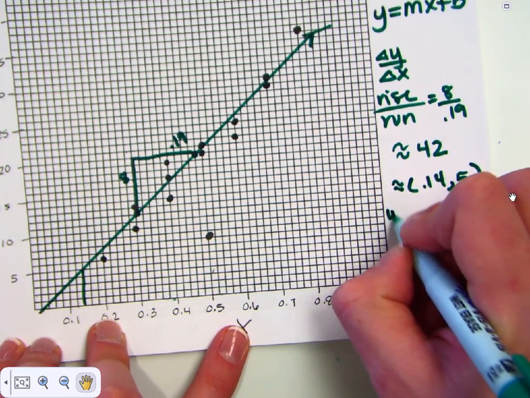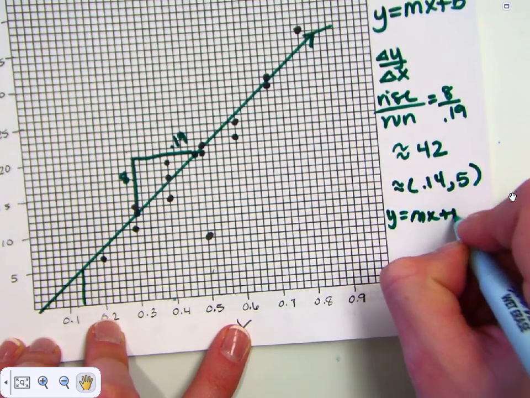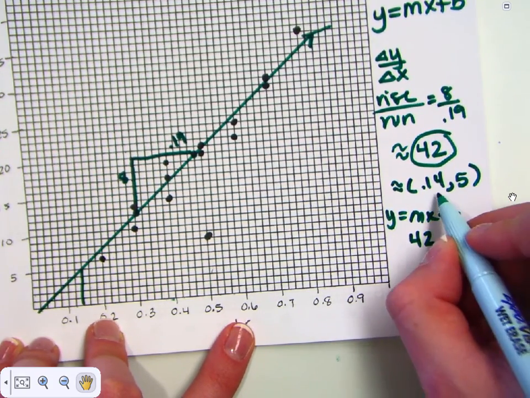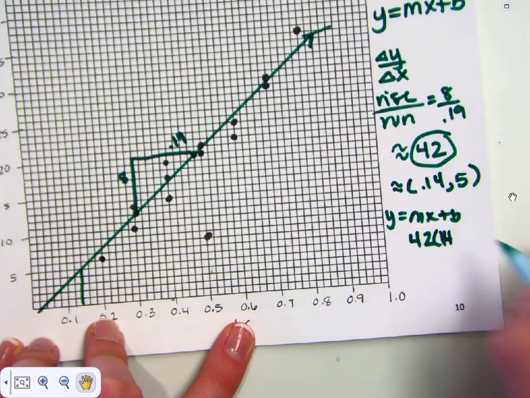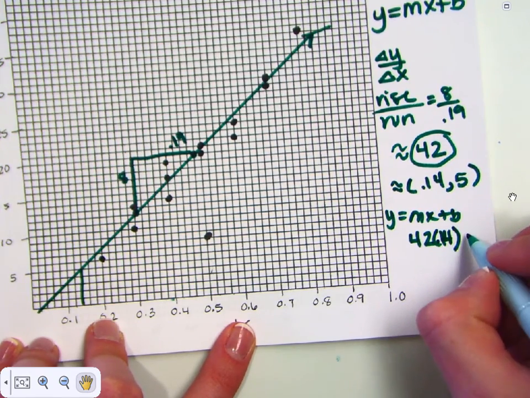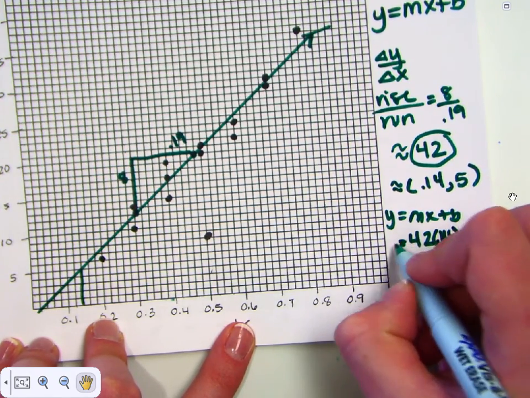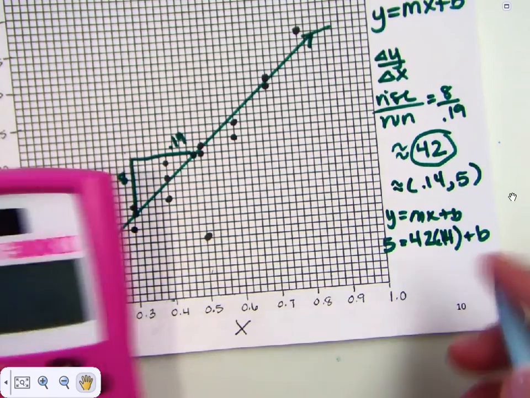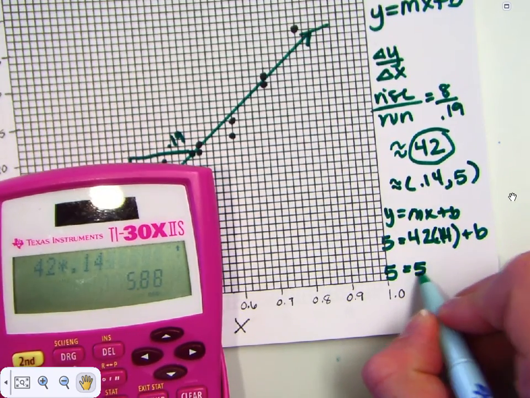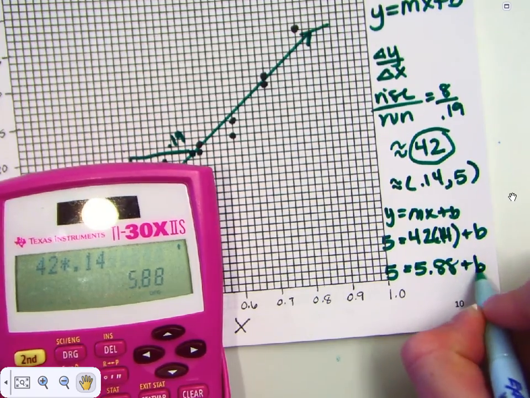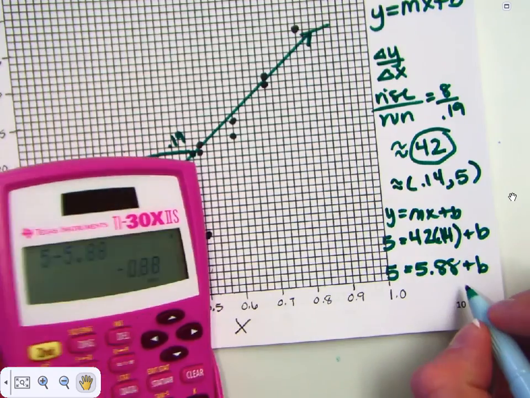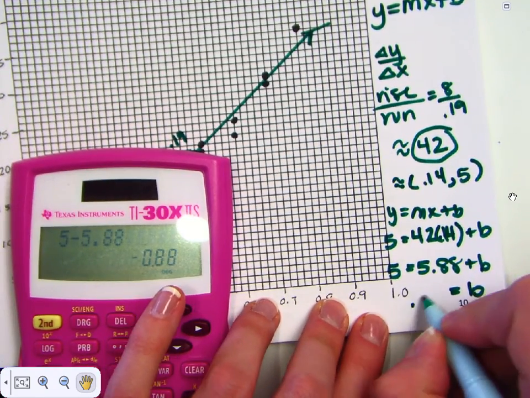So I do y equals mx plus b. I can use my slope, 42, and my x is 0.14, and I'm trying to find my y-intercept. I can do some simple algebra. 42 times 0.14 is 5.88 plus b. Then I can subtract 5 minus 5.88 to get that my b value is about negative 0.88.